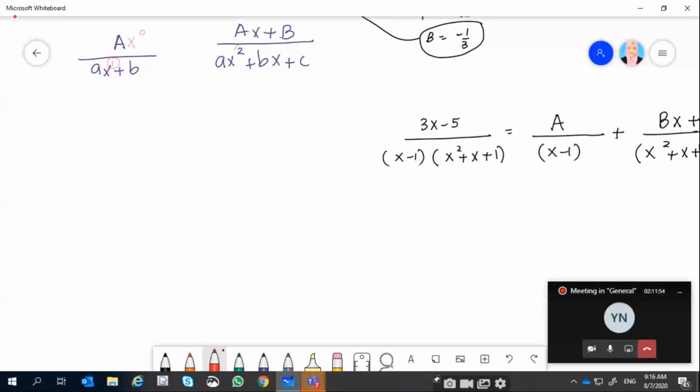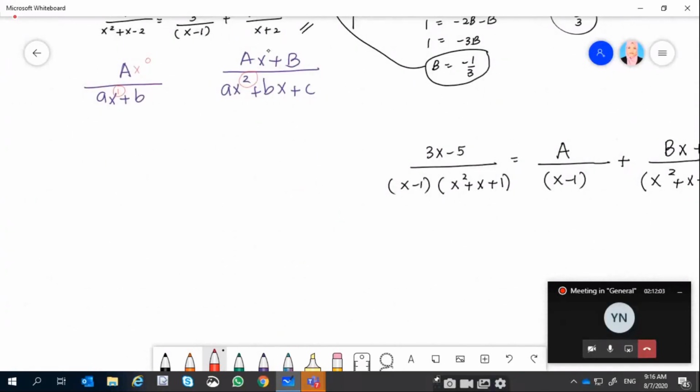The highest degree here is 2, so here it is 1. So the numerator has degree reduced by 1. That's why when you have linear, you just put A, and when you have quadratic, you put As plus B.